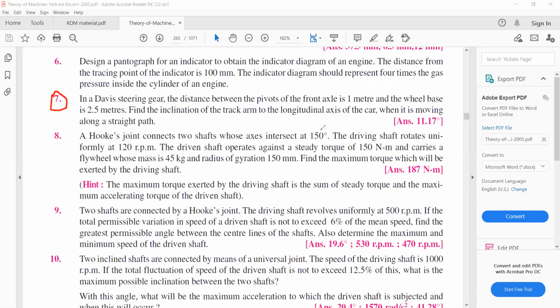In a Davis steering gear, the distance between the pivots of the front axle is 1 meter and the wheelbase is 2.5 meters. Find the inclination of the track arm to the longitudinal axis of the car when it is moving along a straight path.